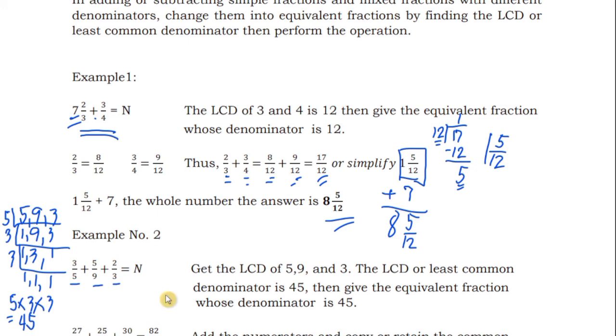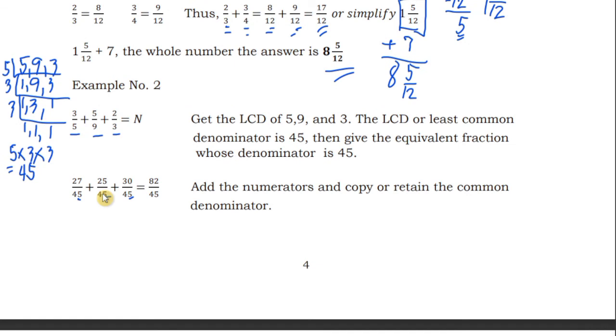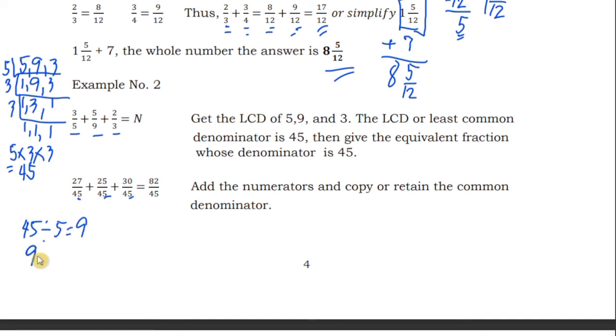Okay, now how do we get the new numerators? We have 45 divided by 5, and that is 9. Then 9 times 3 is 27. So that is why we have 27. Then another thing is 45 divided by 9 in the second term, and that is 5.